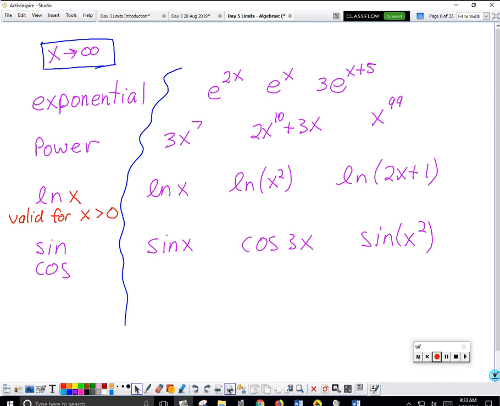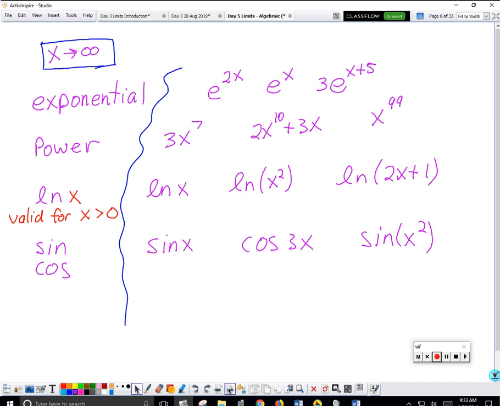The same is true for power functions. These are just examples. Again, you don't need to copy them down if you don't want to. Power functions also grow, as do natural log functions of this kind of type, just simple ln expressions. So they just get larger and larger and larger as x gets bigger.